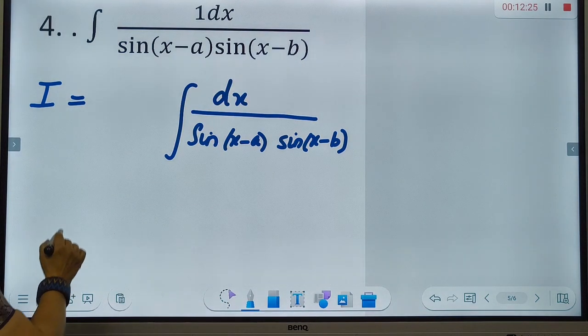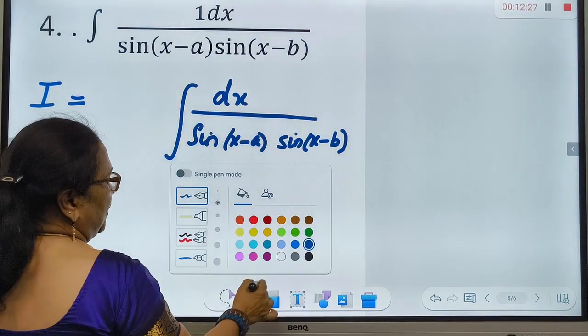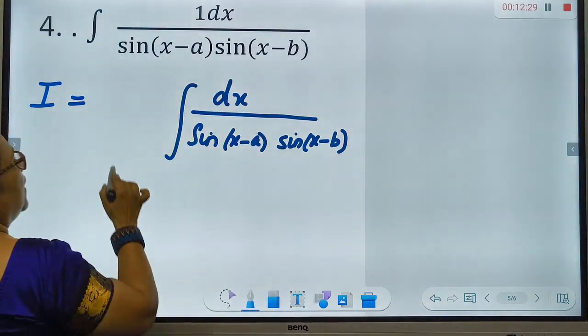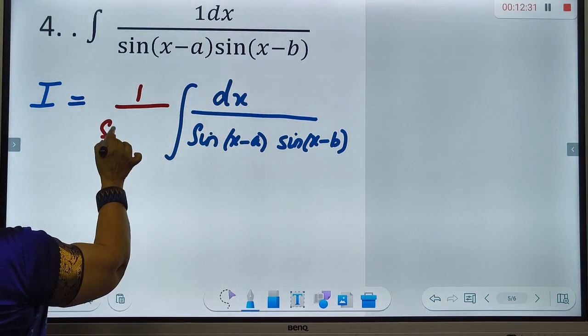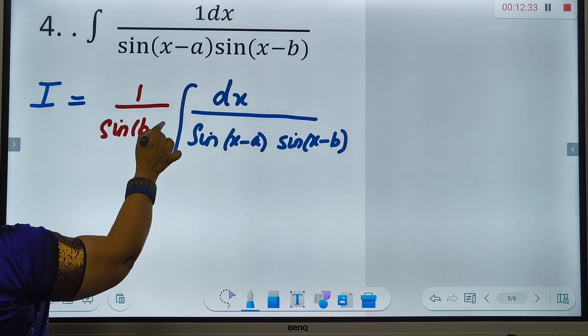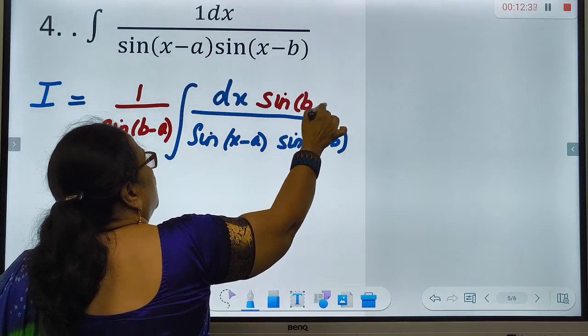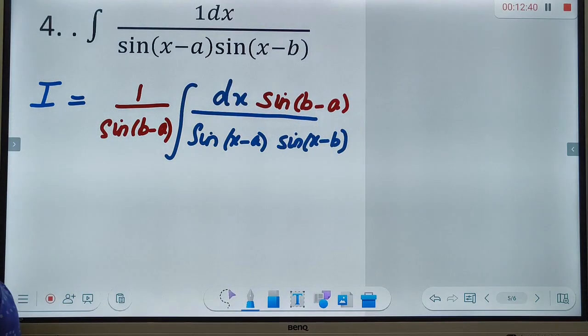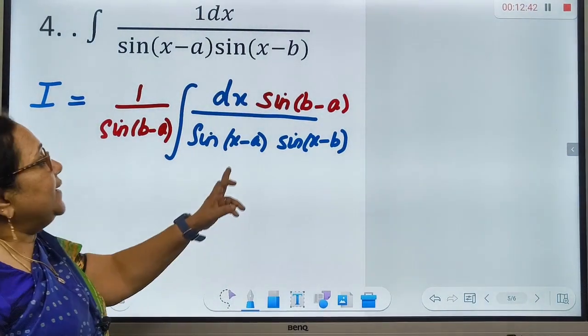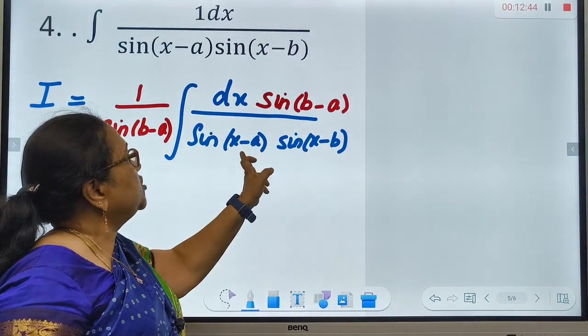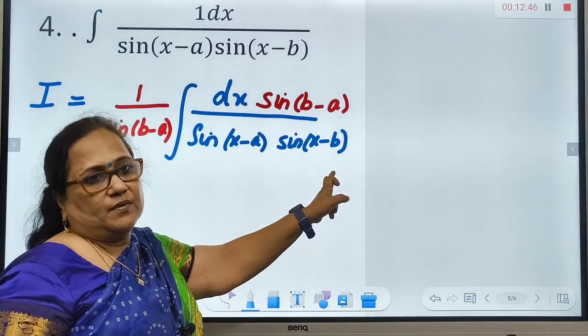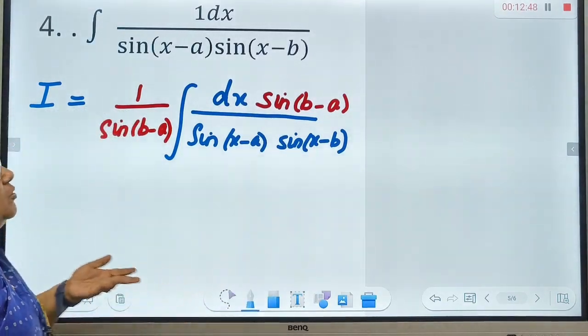The technique I am going to use is, I am going to multiply and divide by sine of b minus a. I will tell you why this technique is going to work. Because then I can write this b minus a in terms of x minus a and x minus b. That is what we have done in the earlier problem also.